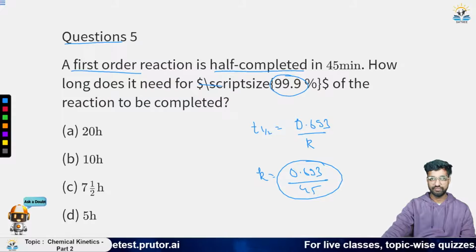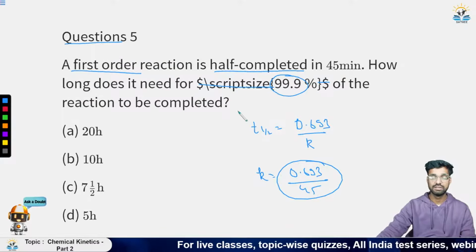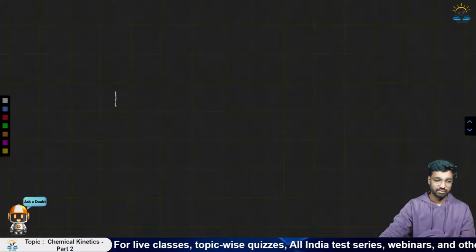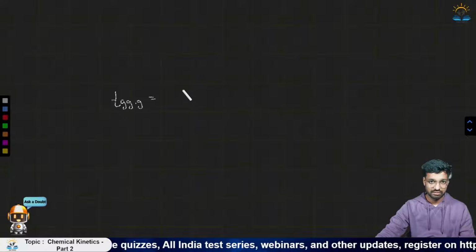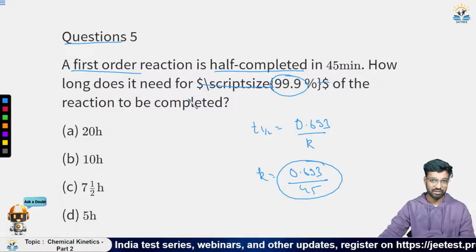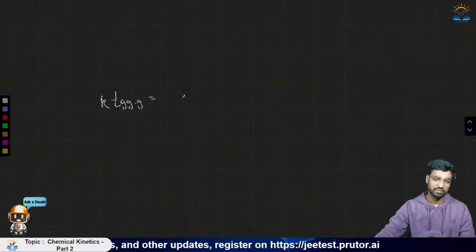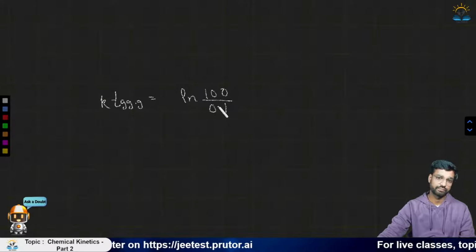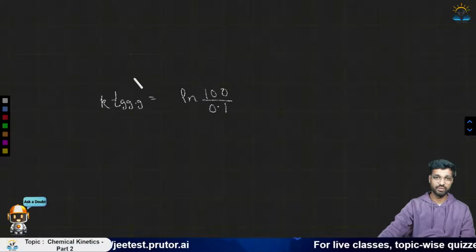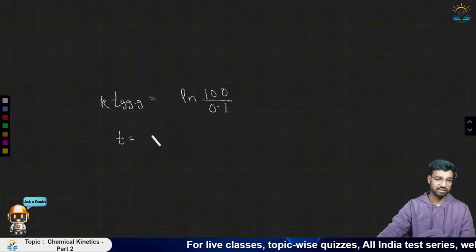Now do not get confused with this terminology. It is just a code that is not decoded. So what does T 99.9% require? First of all, what order of reaction is it? It is a first order reaction. That will be 100 by 0.1. After putting in the values, we will get this. And what is this k value?